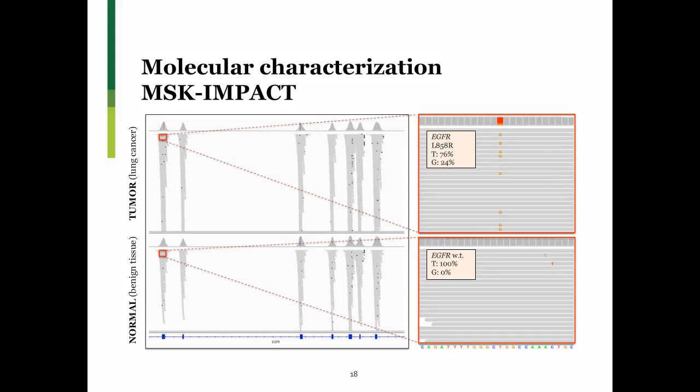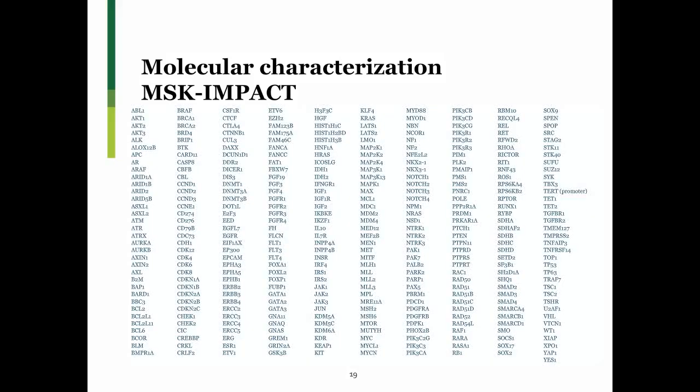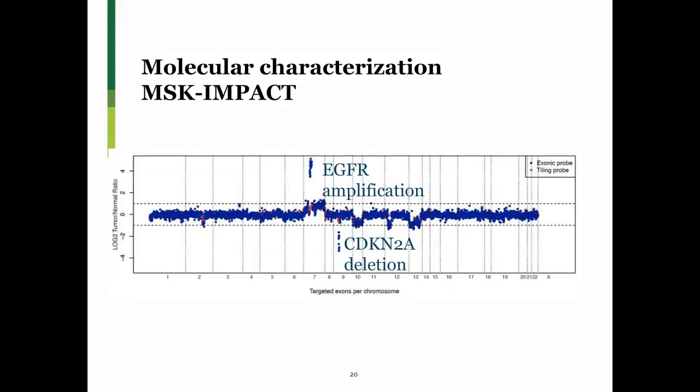I won't go over this, but this is just a slide showing some of the major cancer genes that are covered by this panel. I'll also just note that this panel can be used to call copy number as well. So this was really attractive to us, and we wanted to apply this sequencing approach and other sequencing approaches like whole exome sequencing to our growing library of patient-derived xenografts.